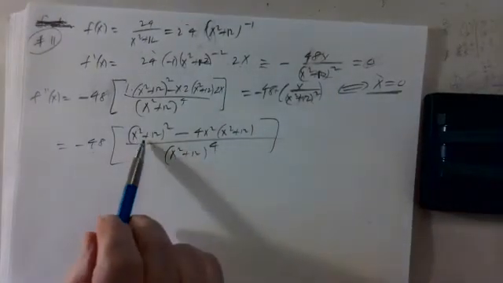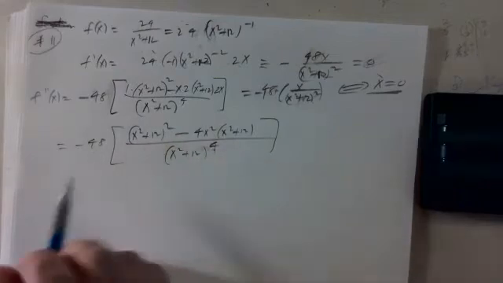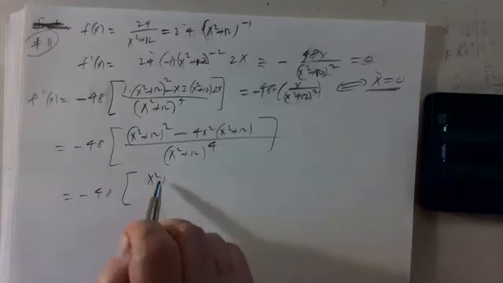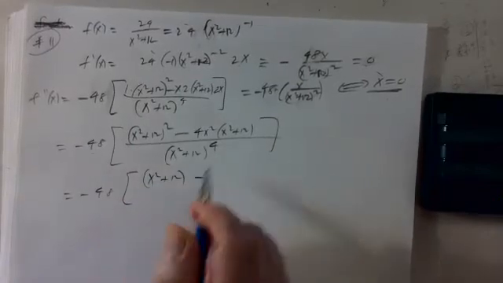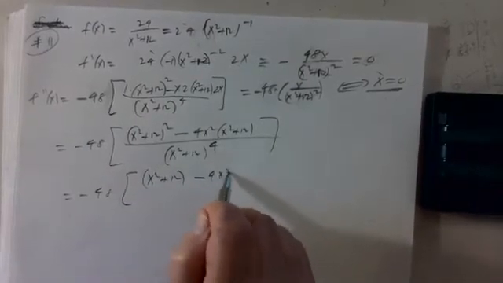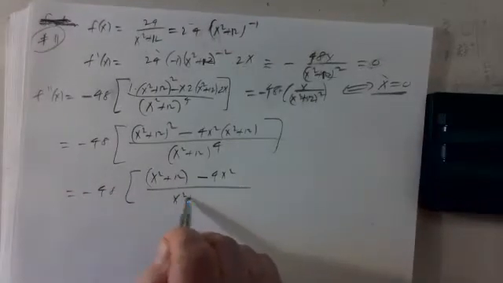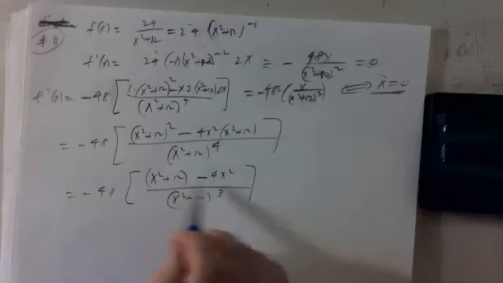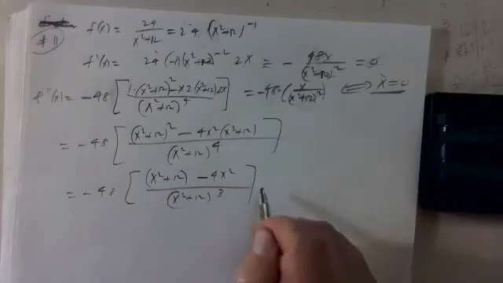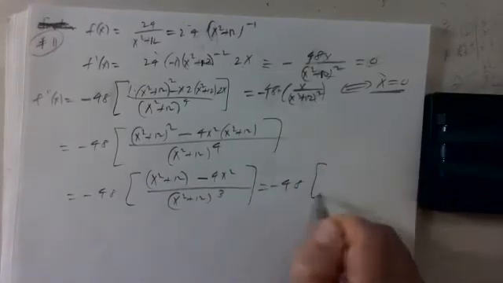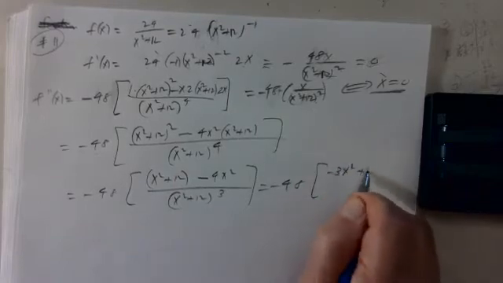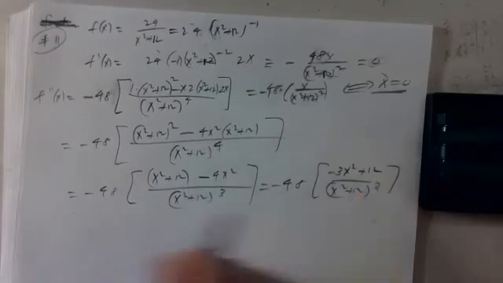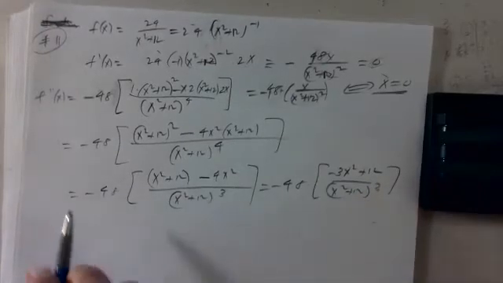If I factor out an x squared plus 12, I cancel one of these. I get minus 48 times x squared plus 12 minus 4x squared over x squared plus 12 cubed. X squared minus 4x squared is minus 3x squared plus 12 over x squared plus 12 cubed. Minus times minus is plus.